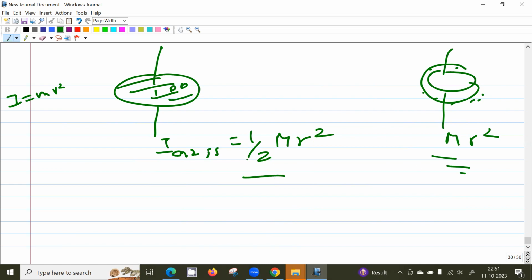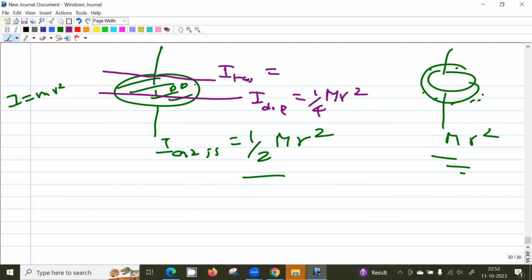And for this disk, I can get the I about the diameter by using the perpendicular axis theorem. I about the diameter will be half of I about the axis, which is 1 by 4 mr square. And once I get this about the diameter, I can get it about the tangent by using the parallel axis theorem.